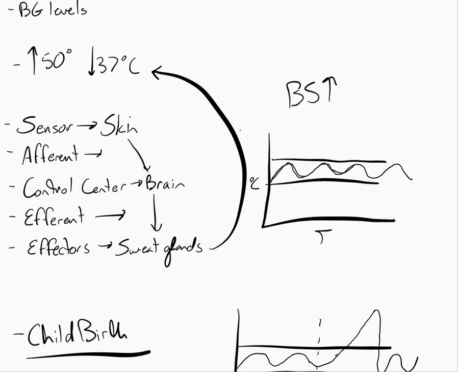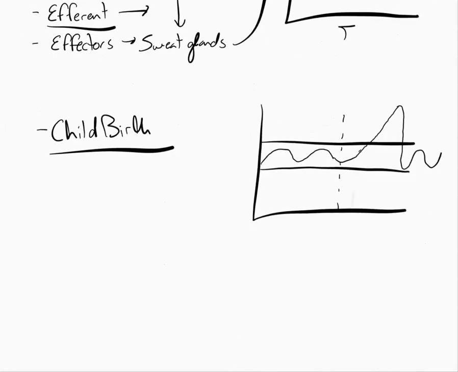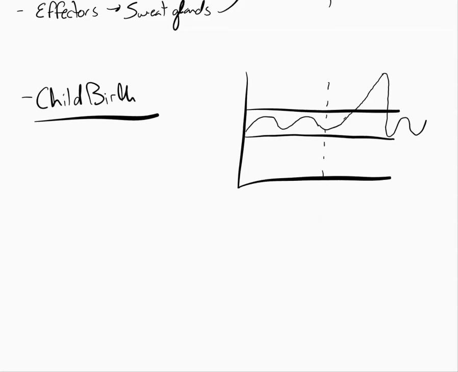So we have sensors in our body that would sense the rise of blood glucose, send a pathway to the brain, which then sends an efferent signal to the pancreas to then release insulin, which would then lower blood sugar to bring it back within the range we want it in our blood. And so that is the two examples there for positive and negative feedback.